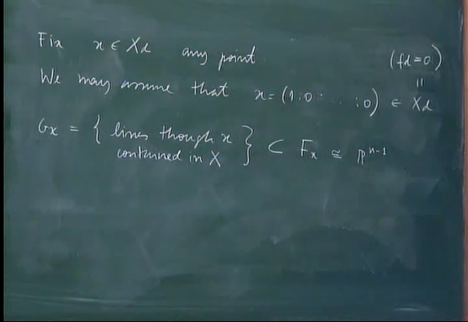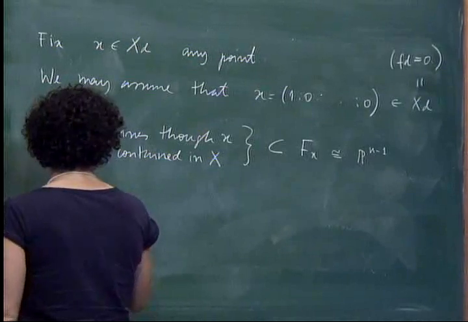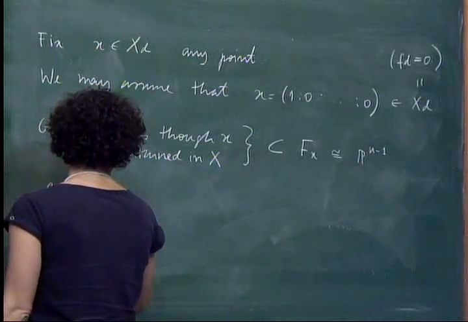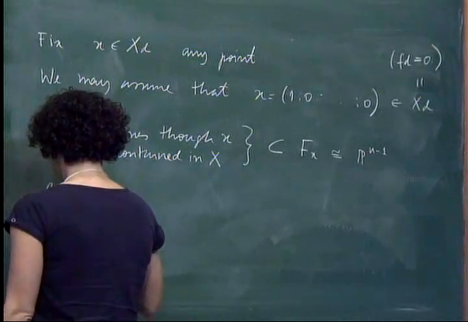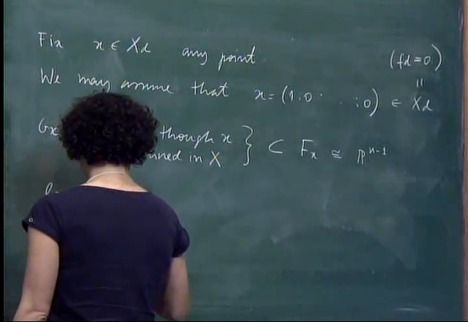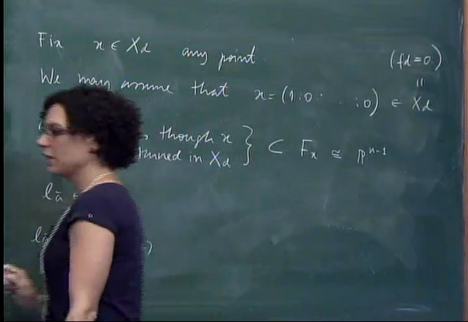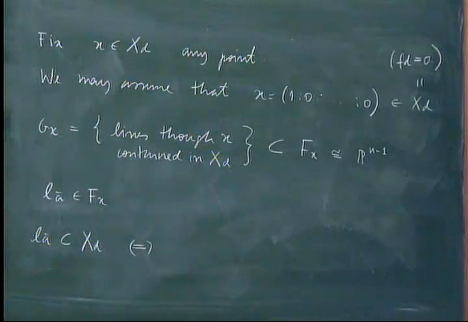So let's use this parametrization. We have L_a in F_x, and L_a is contained in X_d if and only if the following holds. Well, we have a parametrization for the line.